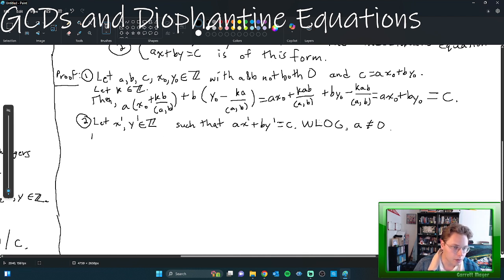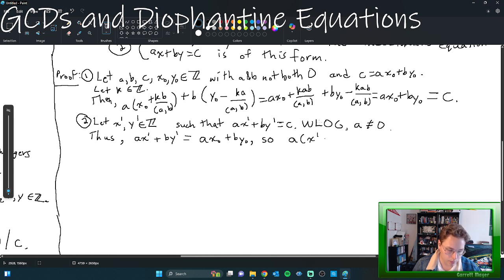So thus, ax prime plus by prime equals ax naught plus by naught, because both are equal to c. So a times (x prime minus x naught) plus b times (y prime minus y naught) equals 0.